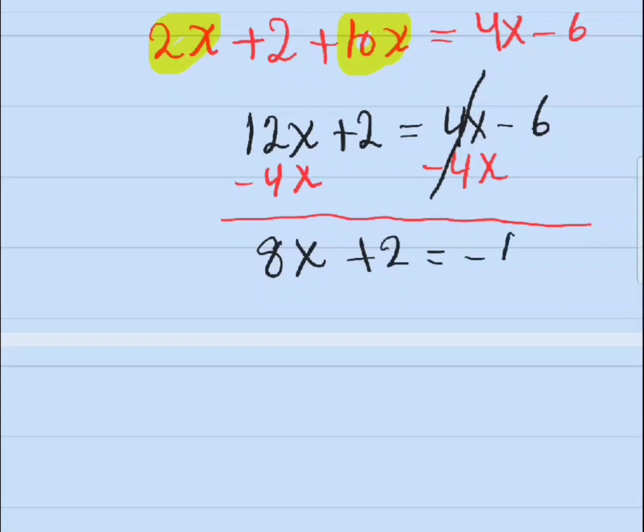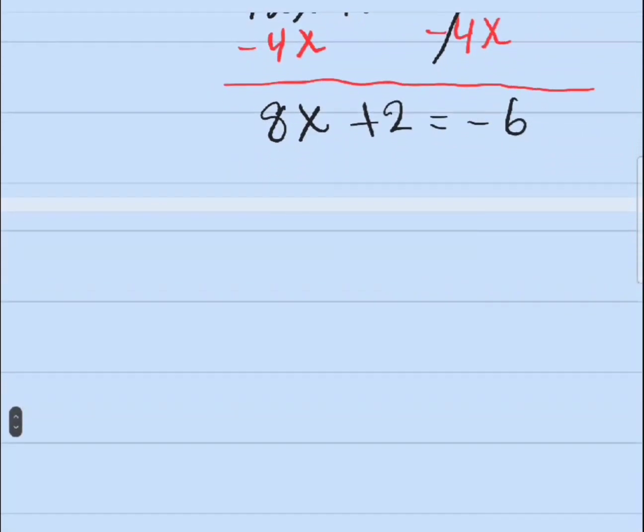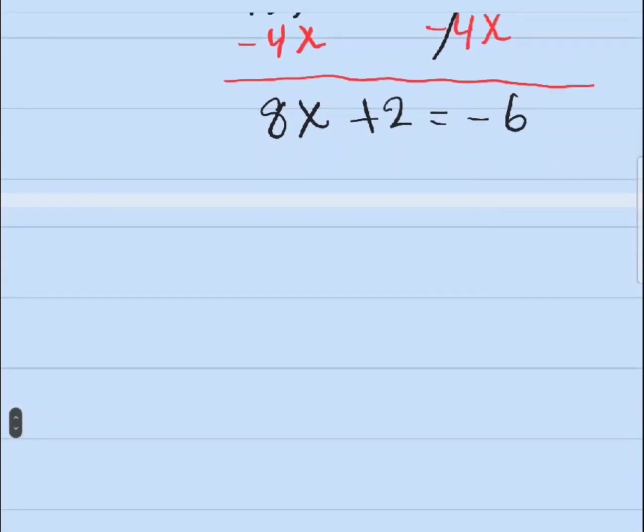So I just moved my 4x over to the left-hand side. And now I want to move all my numbers over to the right-hand side. So I'm going to subtract 2 from both sides of the equation, and I'm going to get 8x is equal to negative 8.